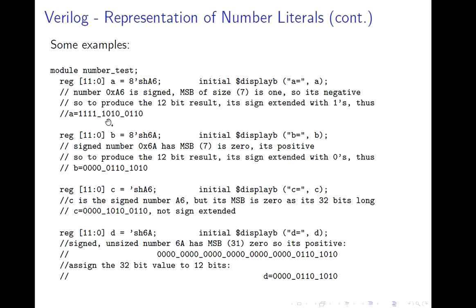Now this is an 8-bit number, and it has to be stored in a register having a 12-bit value. What are the bits that I need to append? You have to append the one which you find at the MSB of your actual number A6. A6 has an MSB value of 1, so you append all the previous bits with the value of 1 and make it up to 12 bits, and then this is stored in the register.